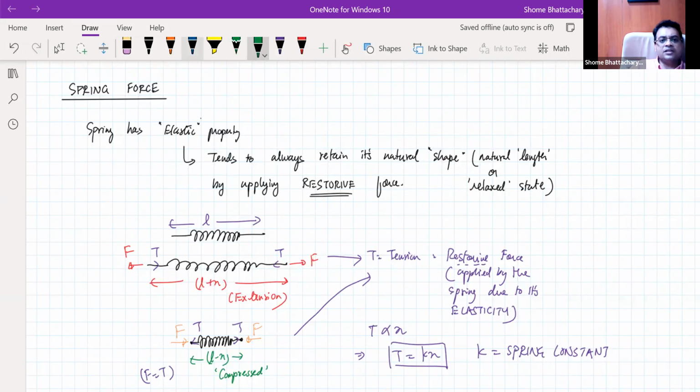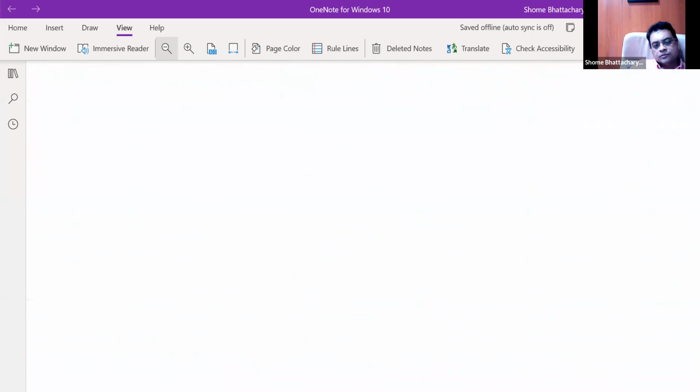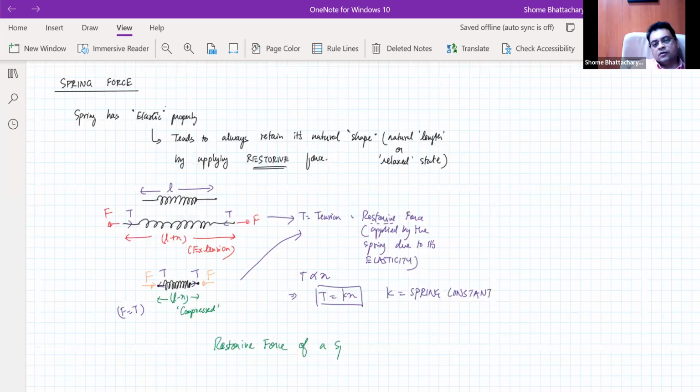So with sign convention, we write the restorative force of a spring as minus kx. The above equation is not with sign convention. There just the magnitude of the tension is given. The restorative force of a spring with sign convention is given by the formula minus kx, where k is the spring constant.